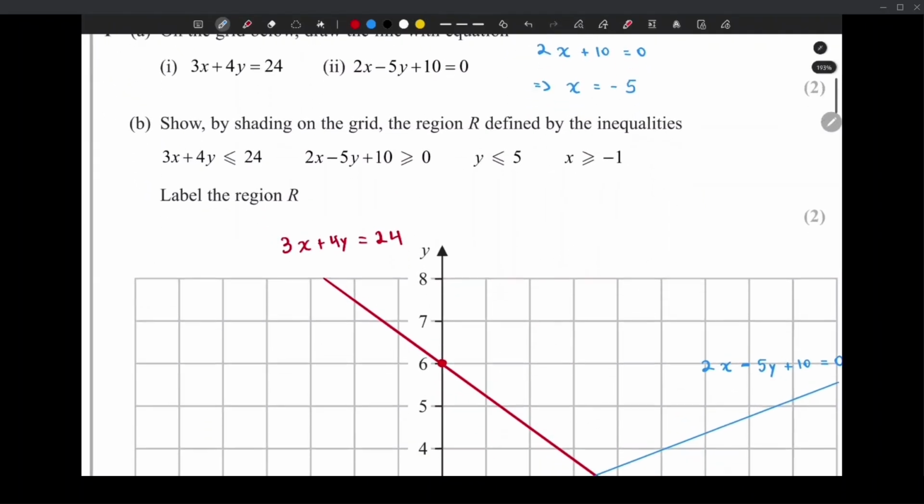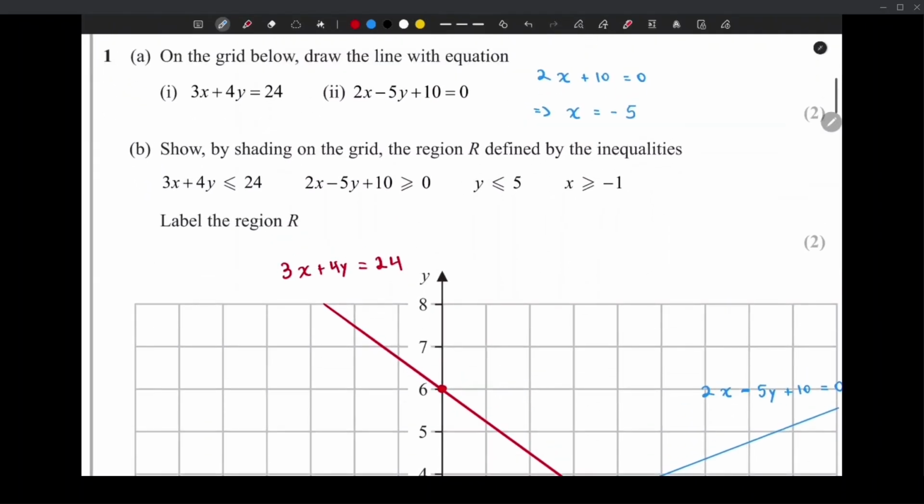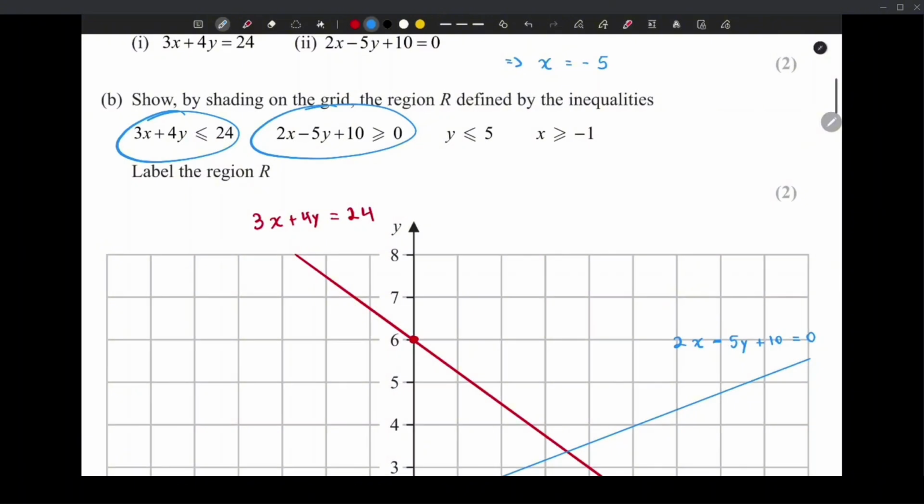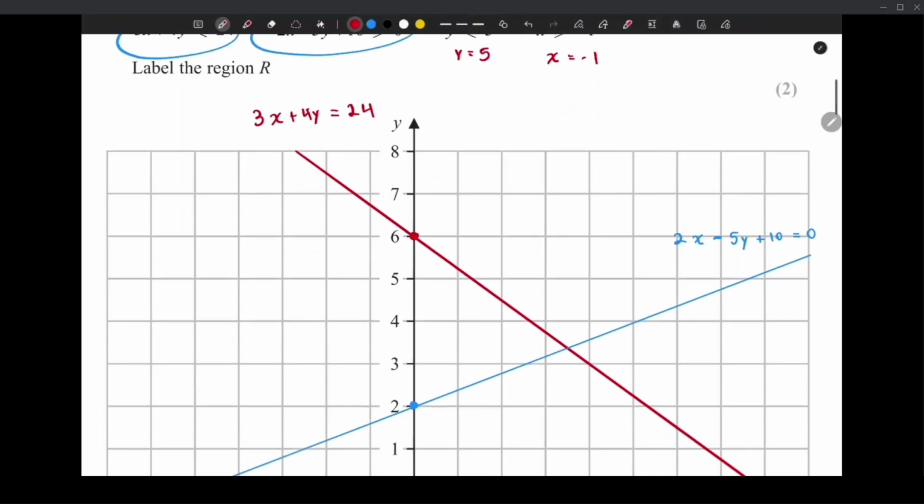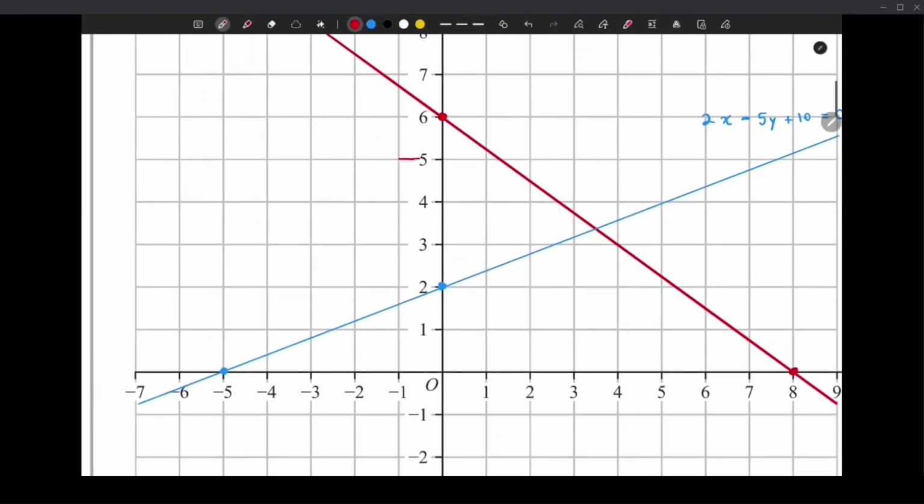Now in the second part, we need to show by shading on the grid the region R, which is defined by the inequalities this, and this. So we have drawn the first two lines, and this would be the line y equals 5, and this is x equals negative 1. So let's draw these two lines. So y equals 5 will look something like this.